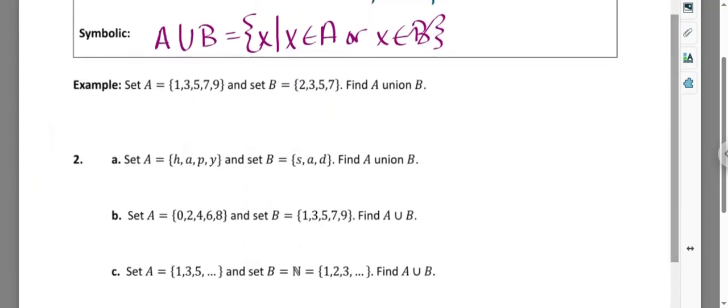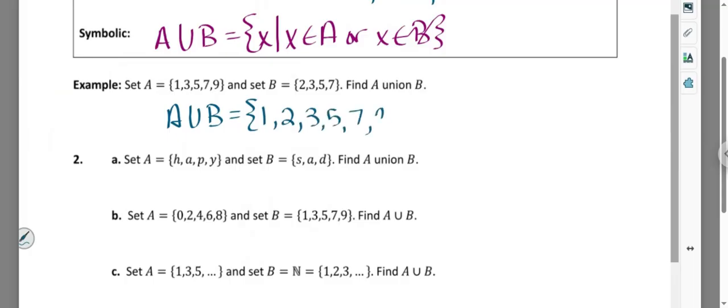So the union here of A and B. Typically with numbers, you list them in order. So I have 1, 2, 3, 5, 7, and 9. To make sure I didn't forget a number, 1, 3, 5, 7, 9. So all of A is there. 2, 3, 5, 7. All of B is there. So that's everything.